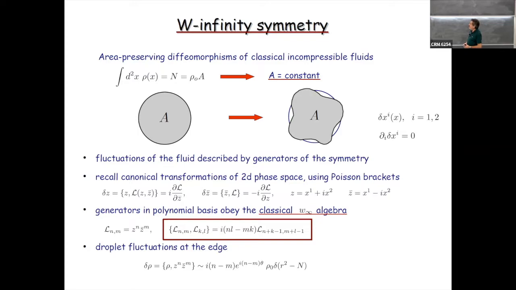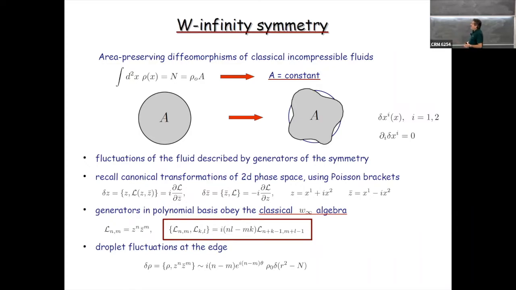We keep the area constant, and you can realize them by a change of coordinates in the plane which has a unit Jacobian, or the determinant of the metric remains 1. Okay, so in infinitesimal form, this is the condition, because to leading order, the determinant of the metric is 1 plus the trace.